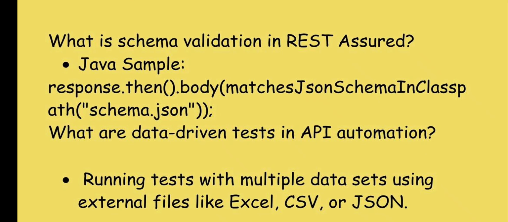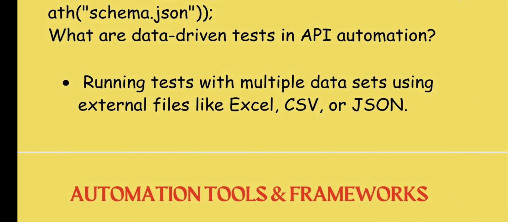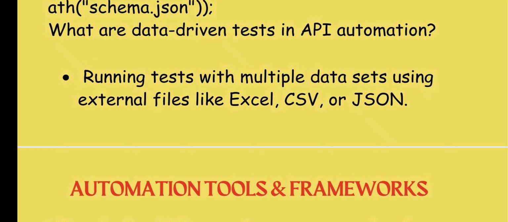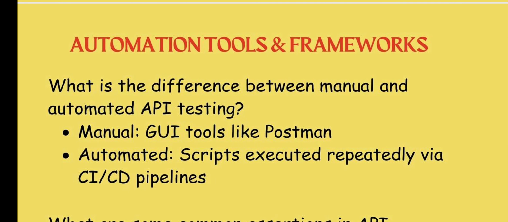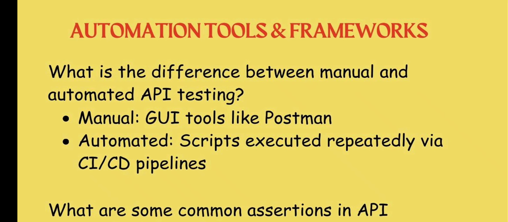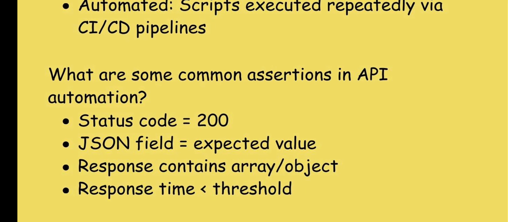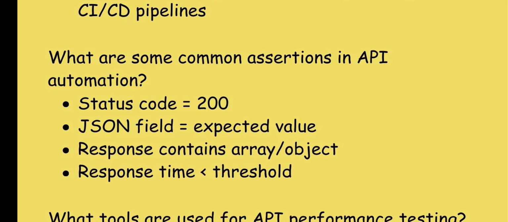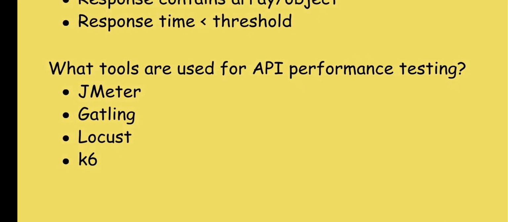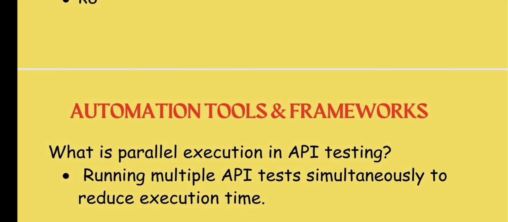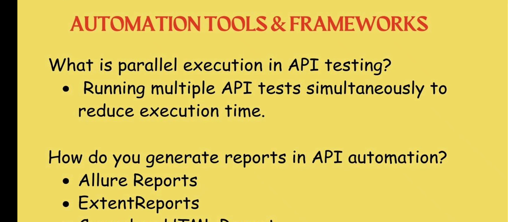What is schema validation in REST Assured? What are data-driven tests in API automation? What's the difference between manual and automated API testing? What are the common assertions in API automation? What are the tools used for API performance testing? What is parallel execution in API testing?